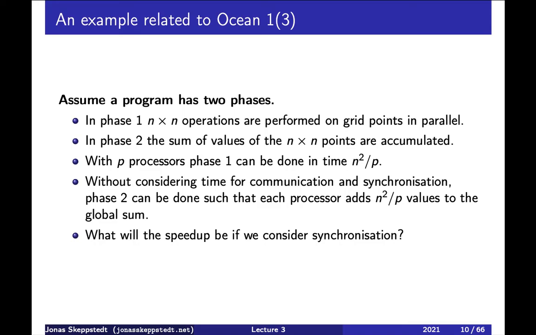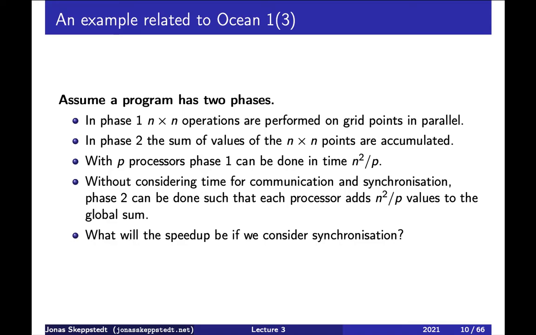Let's say we have a program that works in 2 phases, and it's related to the ocean. In phase 1 there are n squared operations performed on grid points, and they can be done in parallel.